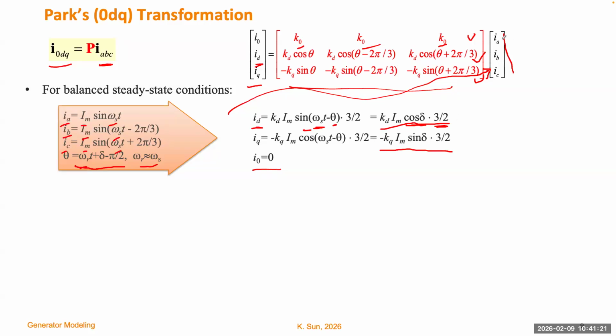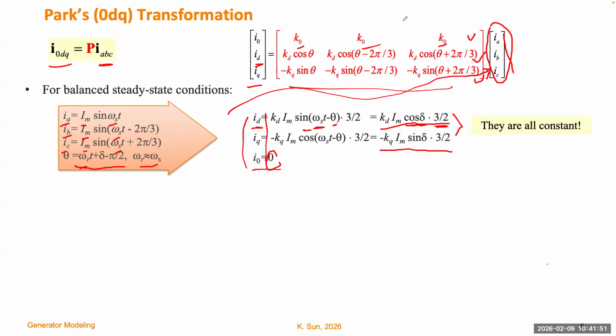So the original 3 instantaneous currents, which are all sinusoids changing with time, now become 3 elements, including a 0 and the others constant. So this transformation does the job of getting rid of the theta dependency. They're all constant, so we can generate constant current.